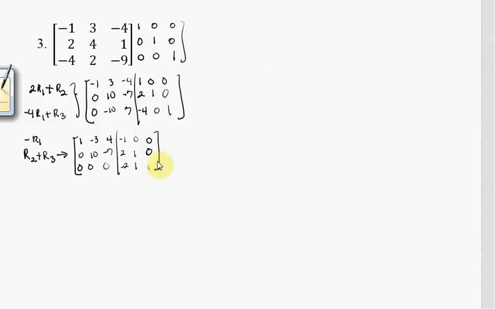All right, what do we do next for this problem? Do you see a problem? Yeah. We got all zeros right here. So the question is, can this left side become the identity matrix? No, I can't produce it. So thus, if you get that, we say no inverse exists.